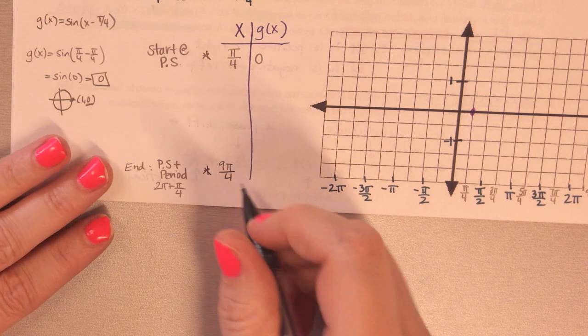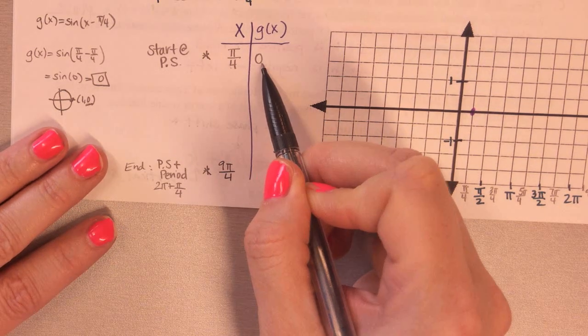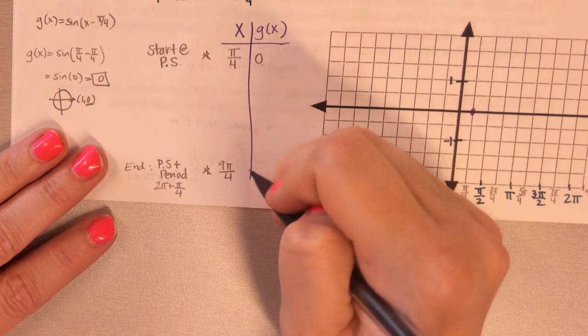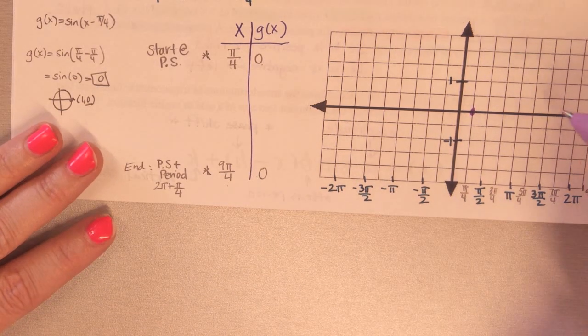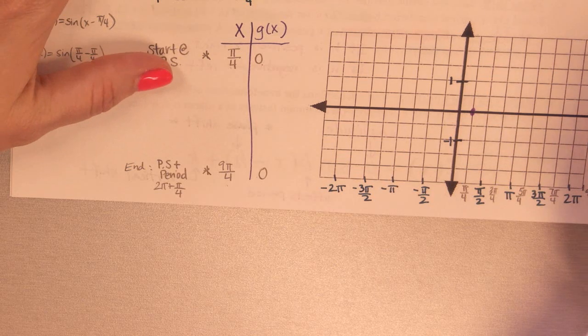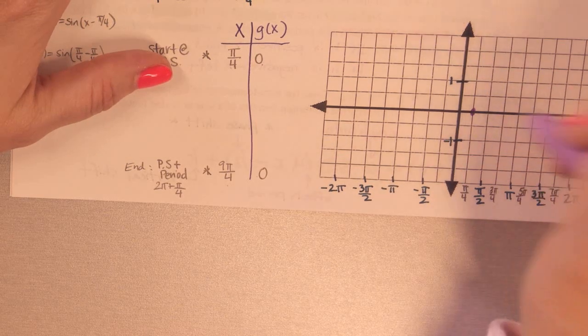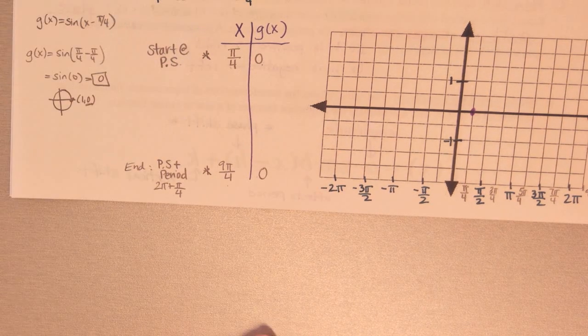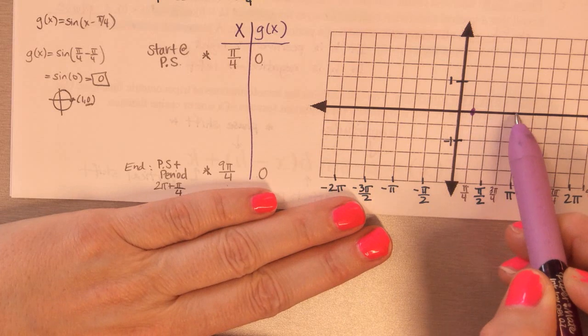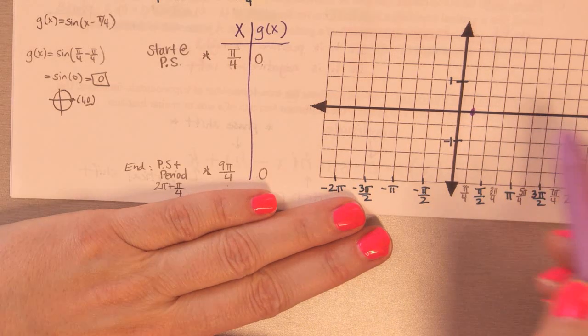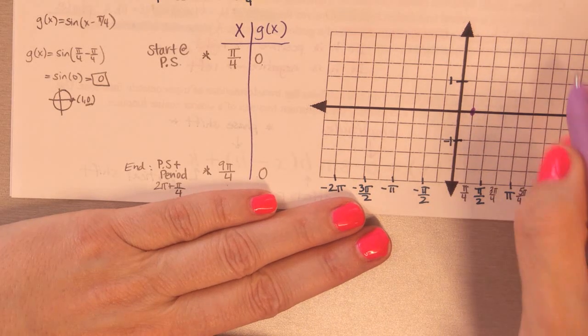So guess what? If I start at pi over 4 and I get 0, I end at 0. And then what do we usually do for sine? We do the start, we do the end. What's the next point I graph? Half. And to do halfway, all you have to do is count the units. 1, 2, 3, 4, 5, 6, 7, 8. So 1, 2, 3, 4 is halfway.